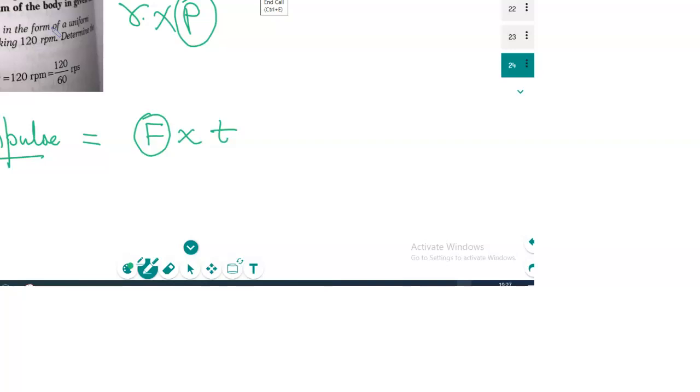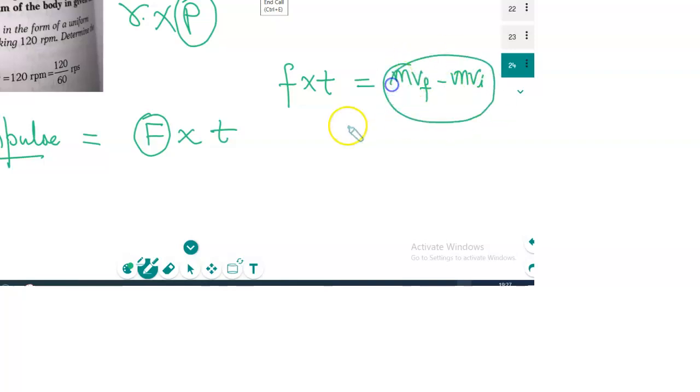Impulse is either F times T, or otherwise MVF minus MVI. Is it clear? Okay.